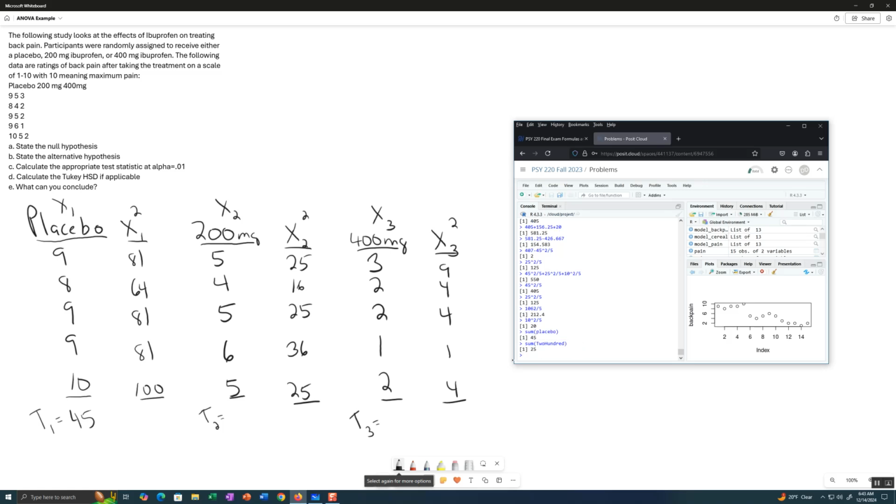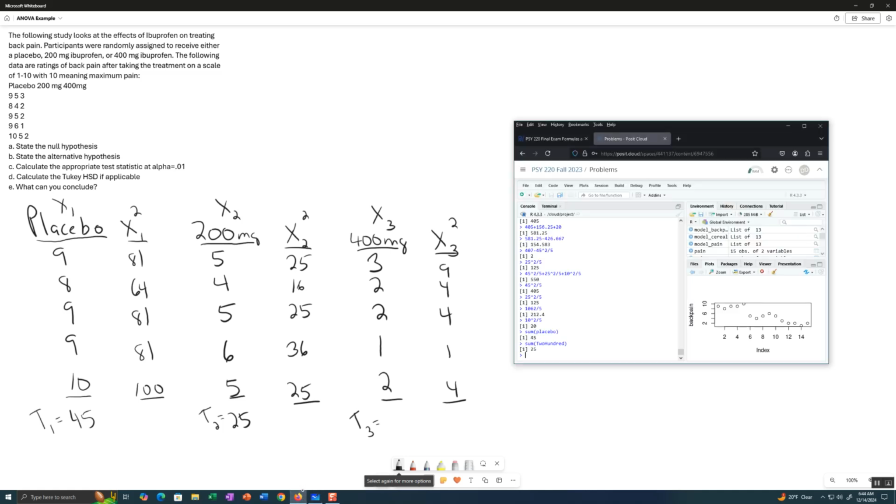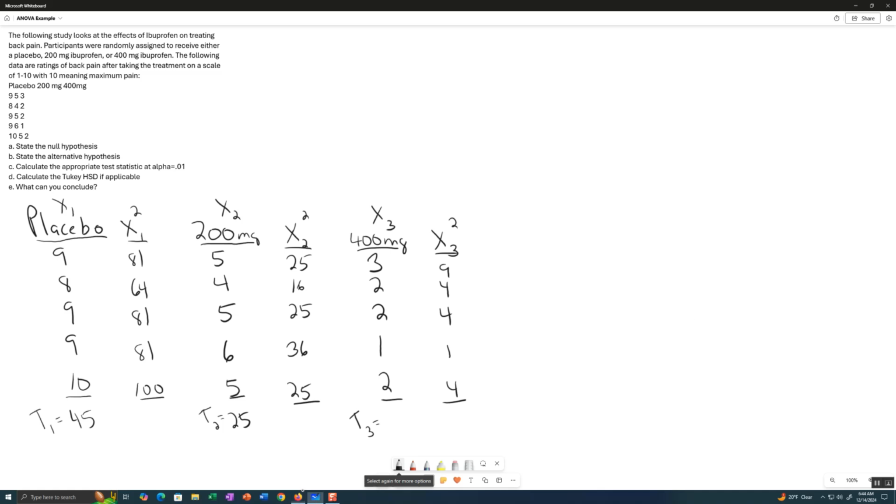That gives me 25. And then I want the sum of the 400 group, which is going to give me 10. So those are my treatment total 1, treatment total 2, and treatment total 3.